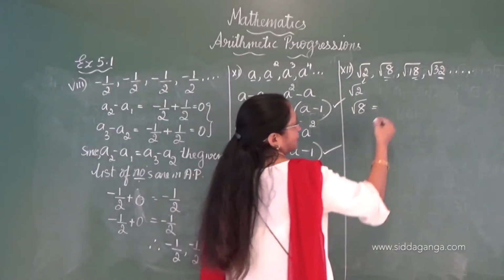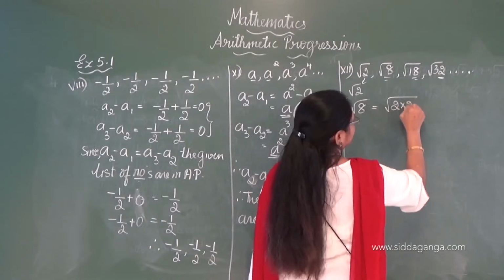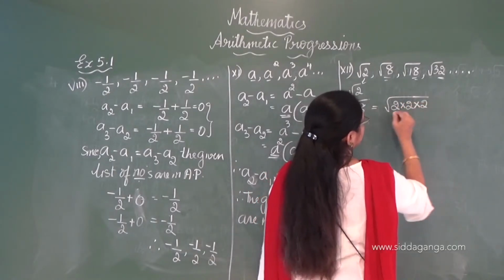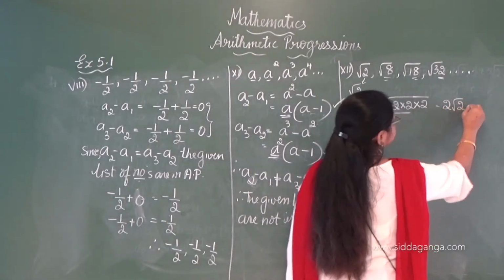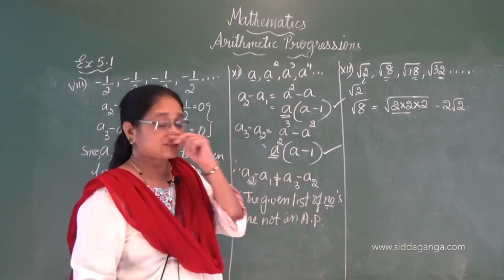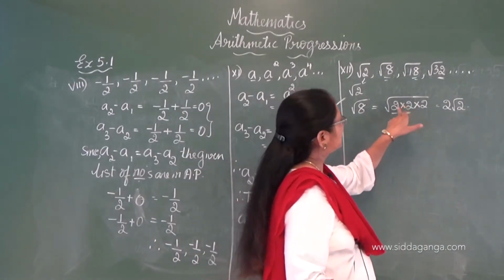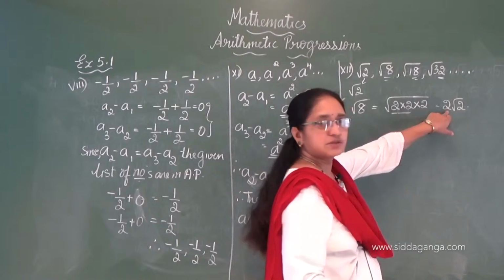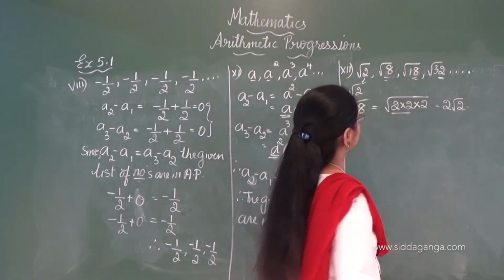You have so many other methods. I will do it like this: 2 2s are 4, 4 2s are 8. You know this can be written as 2 root 2. In the simplest form, 2 into 2 is 4, and when you bring it out, it will become 2. So root 8 means 2 root 2.